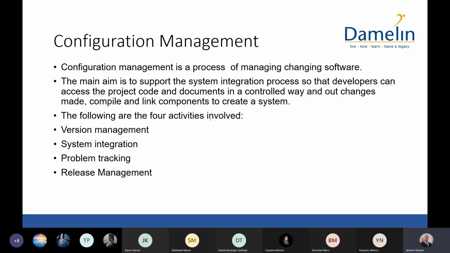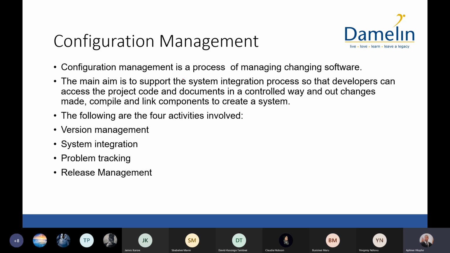So moving on to the next concept, which is configuration management. Managing change. So you're working on a project with other developers, and obviously you're building this system and components, and there's different teams working on different components. So then how do we keep track of the recent changes, okay?